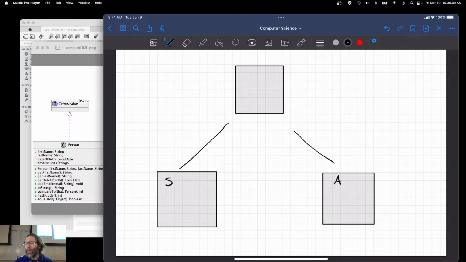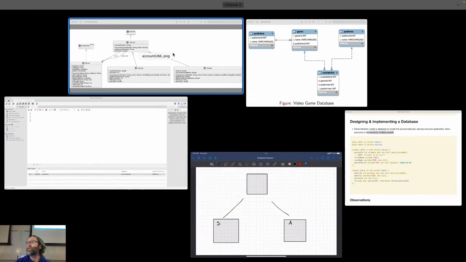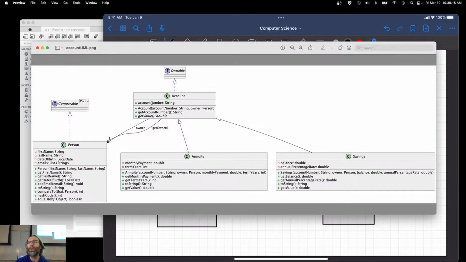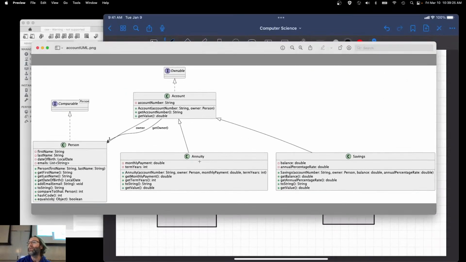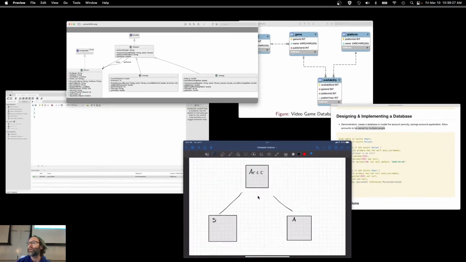So we could do something like this, where we've got the common functionality of, say, the account number here, the owner, et cetera, et cetera. That's going to be in this table up here that represents all types of accounts. And then we'll have yet another table here to represent annuities and another table to represent savings.